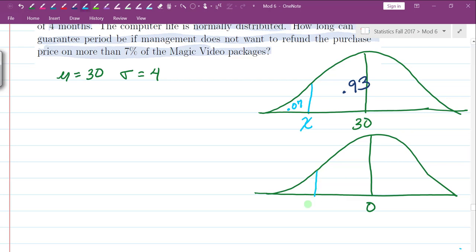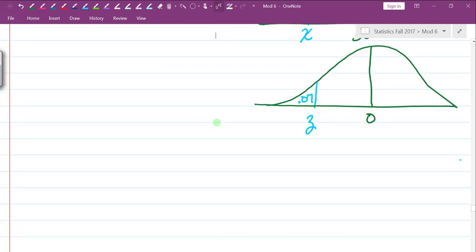We can find a z such that the area under the curve to the left of it is 0.07. We have that ability. We can look at our tables and figure out what z is equal to, because our tables give us this part right here to the left. So let's go find our tables, and let's find a tail with only 0.07 underneath the tail.